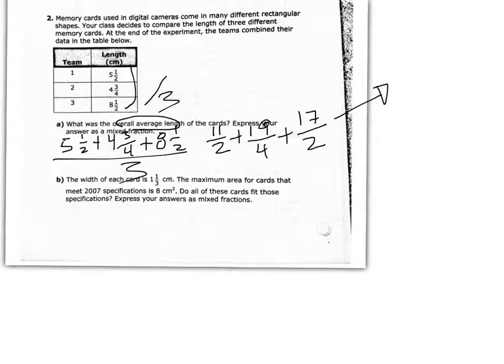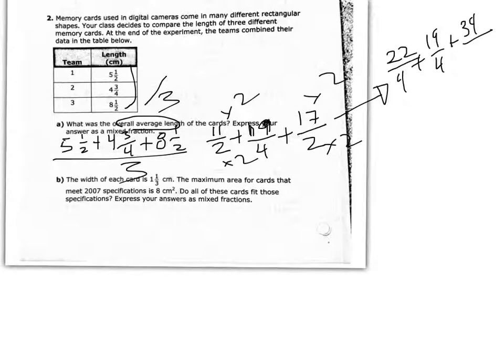I'm going to use 4 because 19 is a prime number, so I can't divide 19 by 2. So I can multiply these by 2 and this by 2. So it's going to now be 22 over 4 plus, this stays the same, plus, and I believe this is 34 over 4. So adding these all together, you should get 75 over 4.